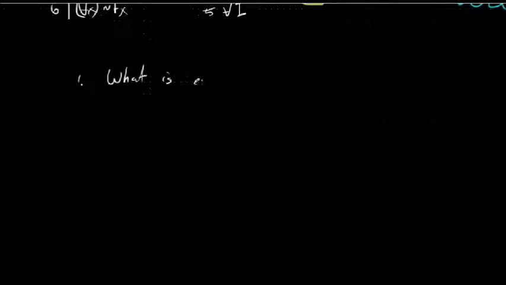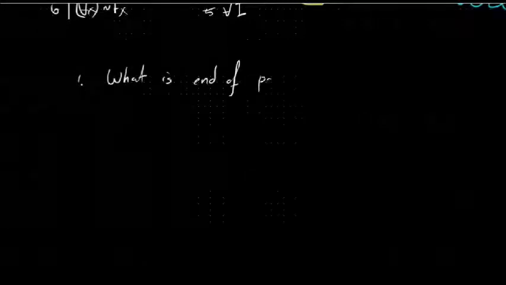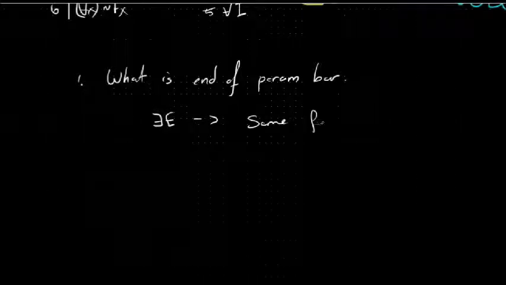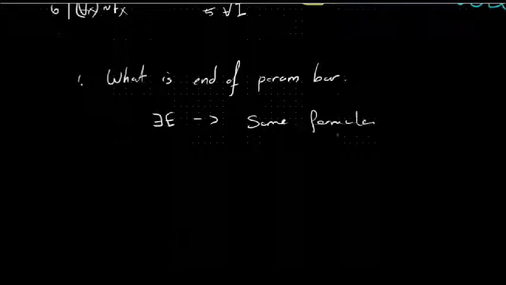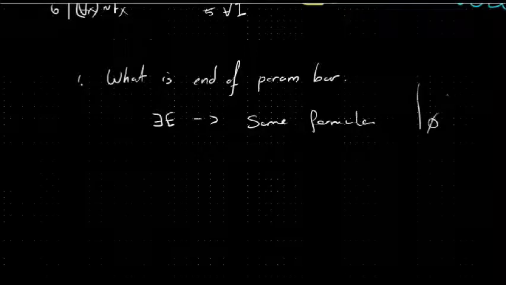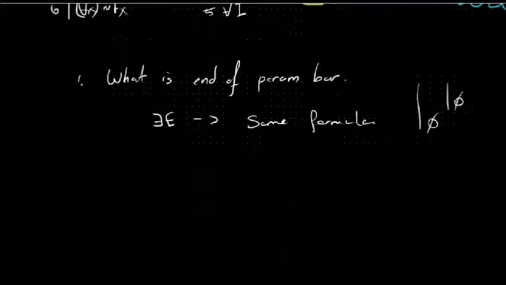what is the end of the parameter bar? Yeah, so if we're doing an existential elimination, it's the same formula as we're trying to derive. Yeah, so if we're trying to get to phi, we need to end with phi.